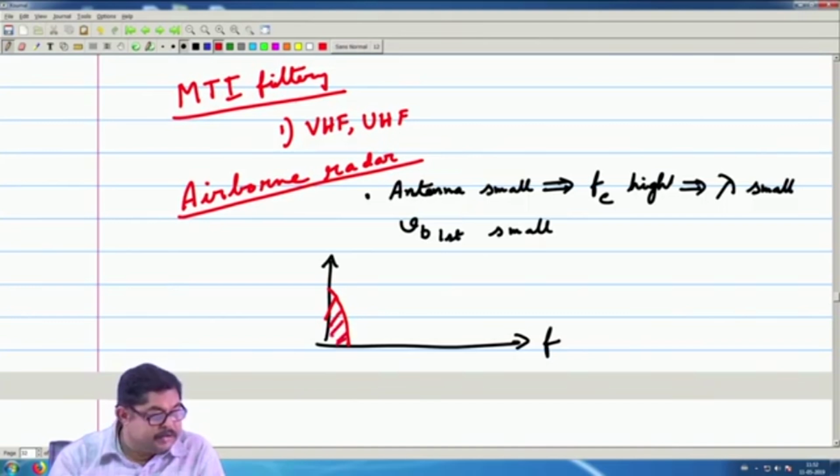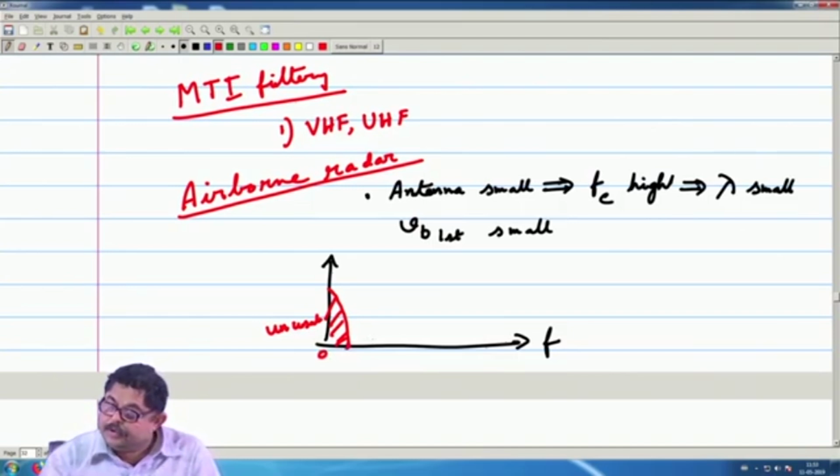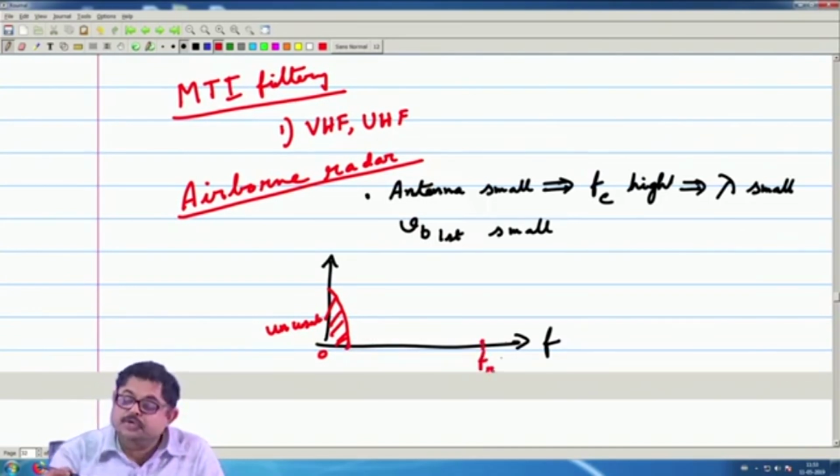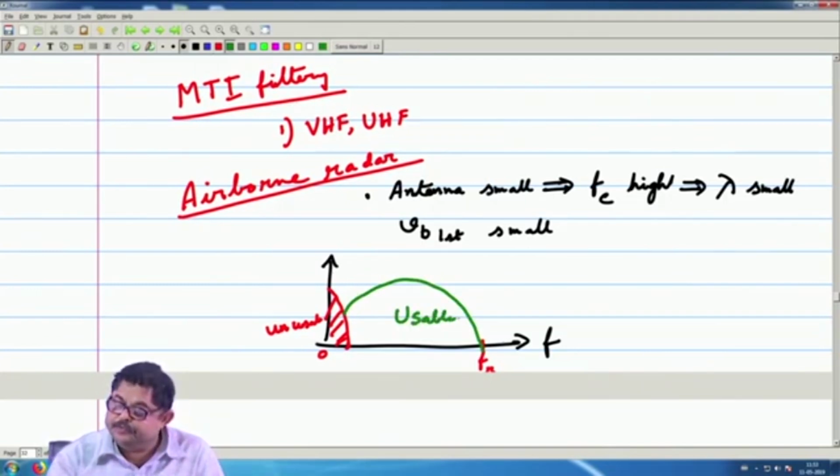This part is unusable, that means up to this frequency, from 0 to this, I cannot use it, and then suppose this is my FR. So I can say that this space is my usable space.